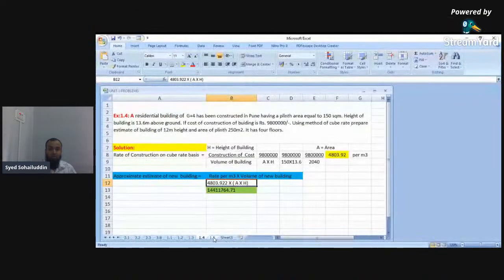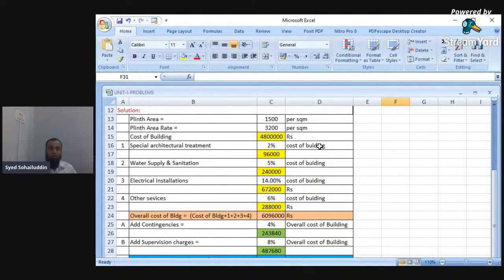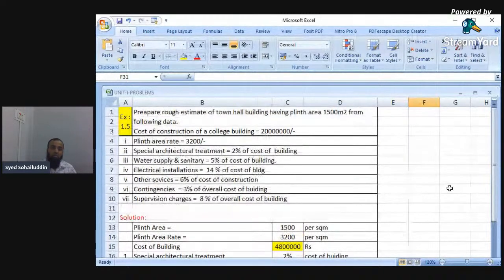In the same way, the last problem is most important. Initially we have seen the various small formulas related to the plinth area or cubic content methods. So this problem is most important.